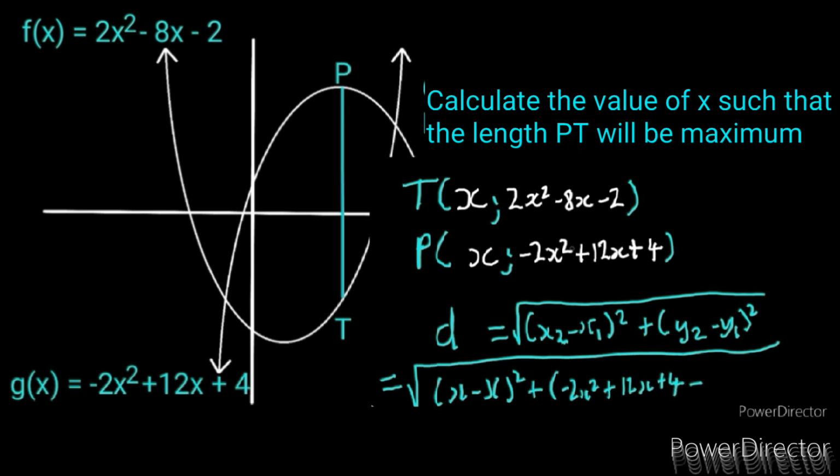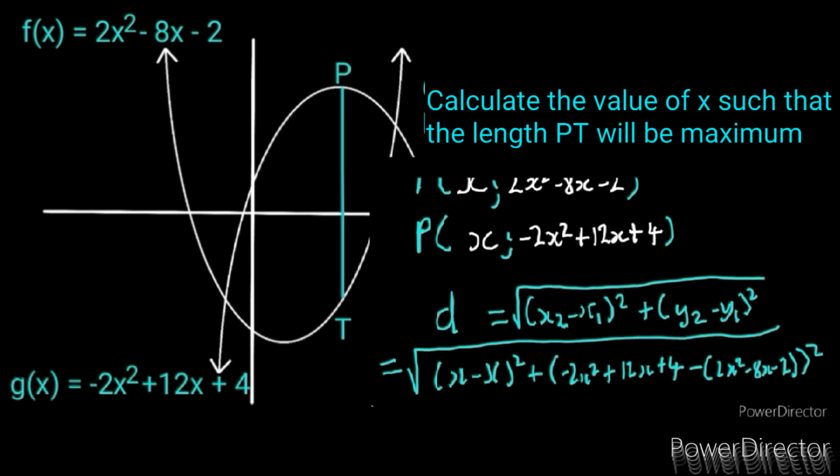Now we are subtracting something that has more than 2 terms, and whenever you are subtracting something with more than 2 terms, you have to put it in brackets. So we're going to say minus, then 2x squared minus 8x minus 2, and this is going to be squared.